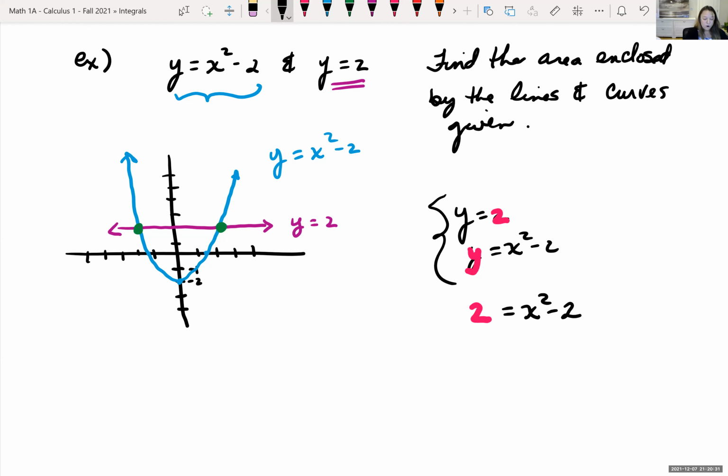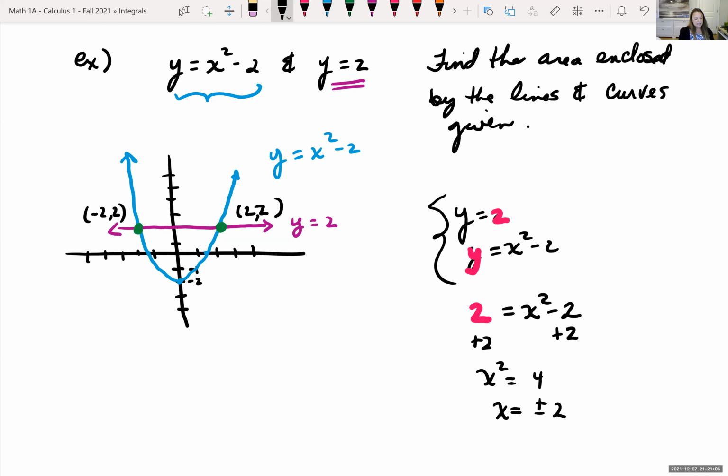It's a quadratic function. I could set this equal to 0 and solve, or I can use the square root method. I noticed if I add 2 to both sides, I get x squared equals 4, and taking the square root of both sides, I get x is plus or minus 2. And so I know what these points are. This is (negative 2, 2) and this is (2, 2).